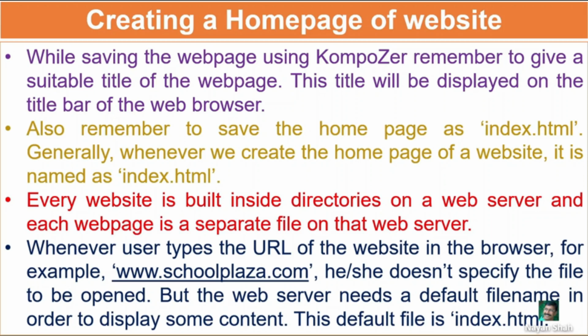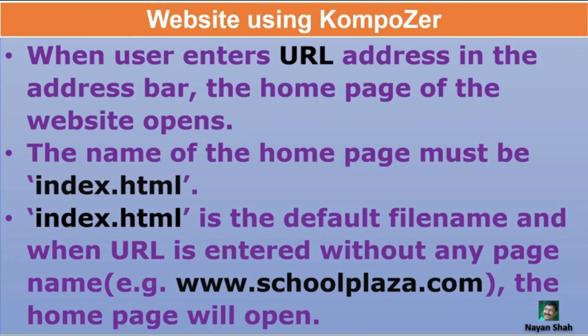So this default file is index.html, and that is the home page for the website using KompoZer. Now when the user enters the URL address in the address bar, the home page of the website opens. That is what we discussed, and the name of the home page must be index.html.